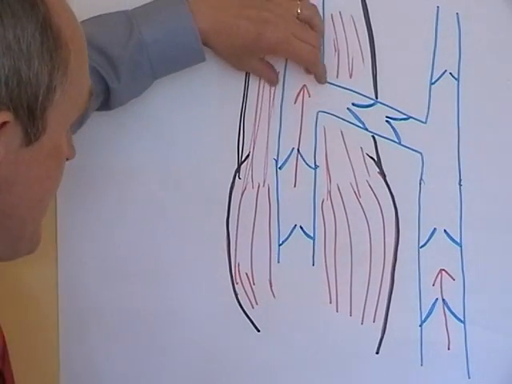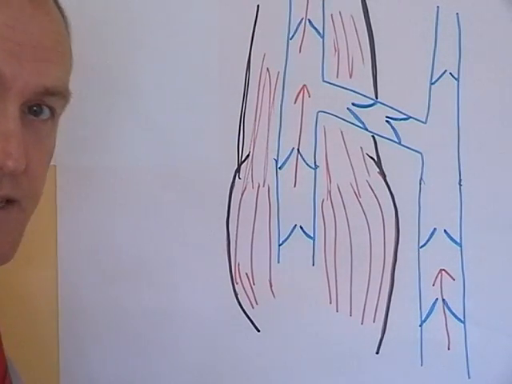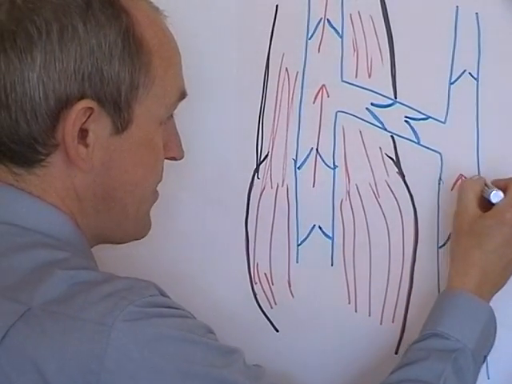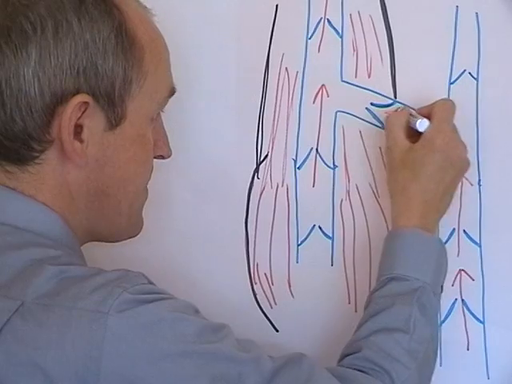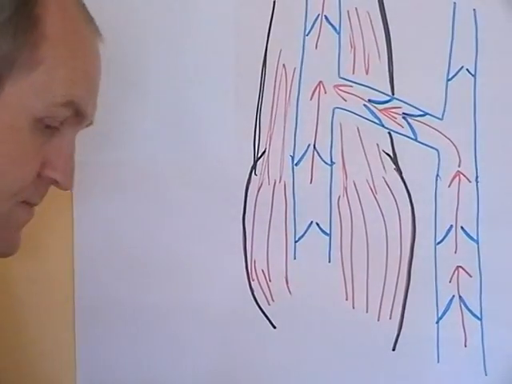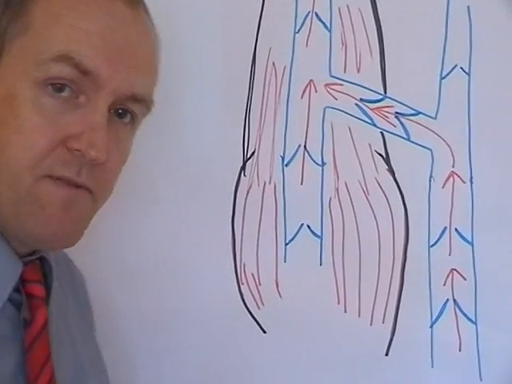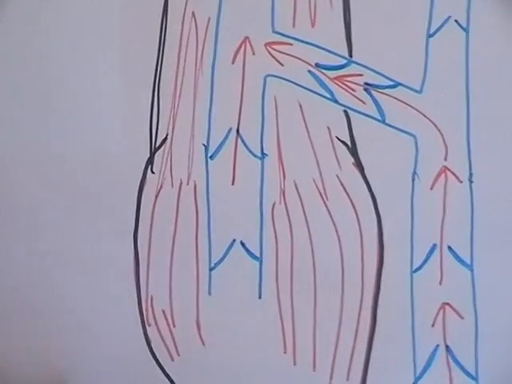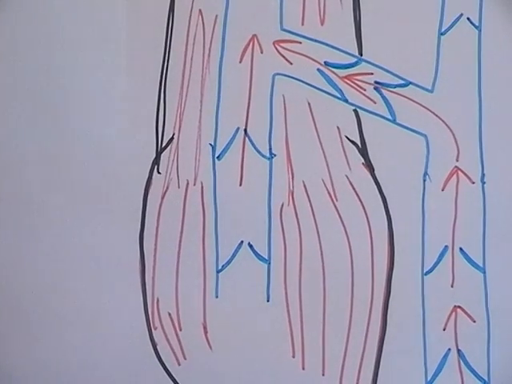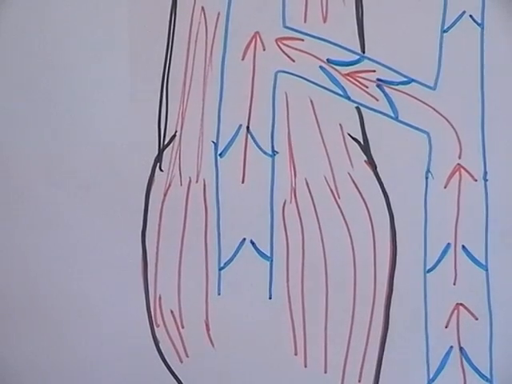So after muscle contraction, after the deep vein has been emptied, there's an opportunity for blood to flow from the superficial venous system to the deep venous system. Once it's in the deep venous system, if there's another muscle contraction, that blood can then be very efficiently returned to the heart.